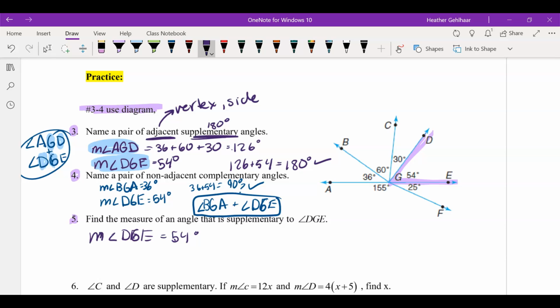So I'm going to go ahead and look to find another angle that I can use. So I only see here the one we already did, right?